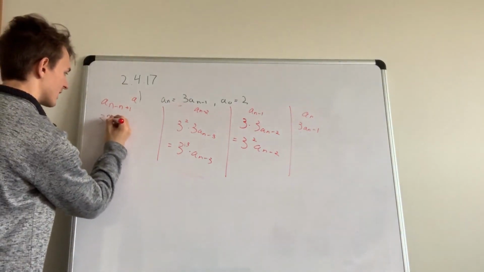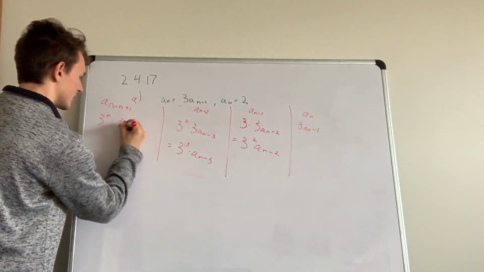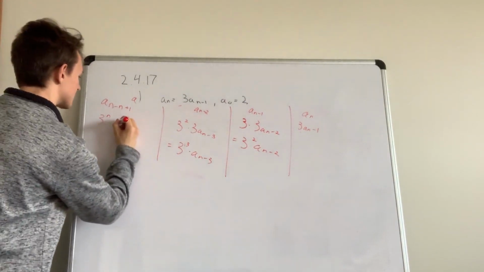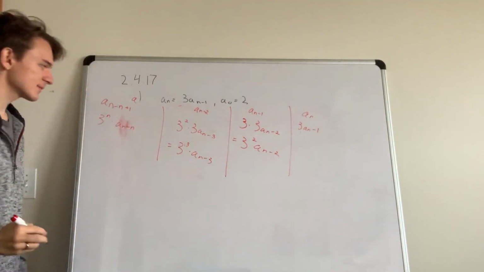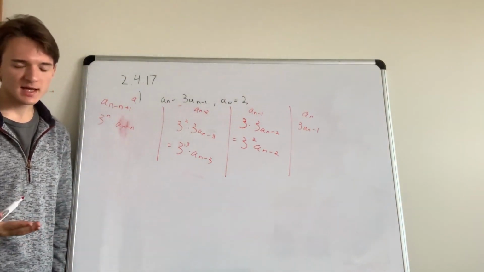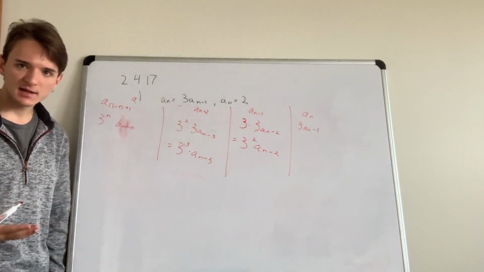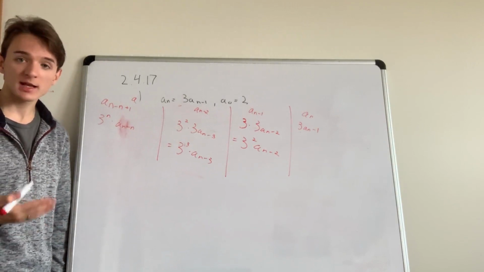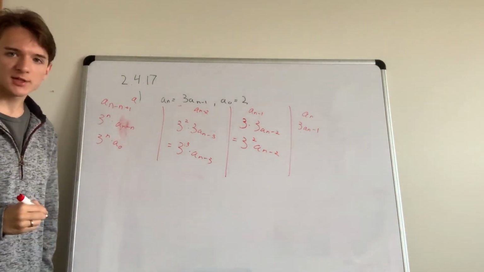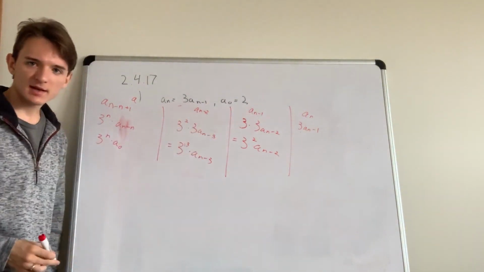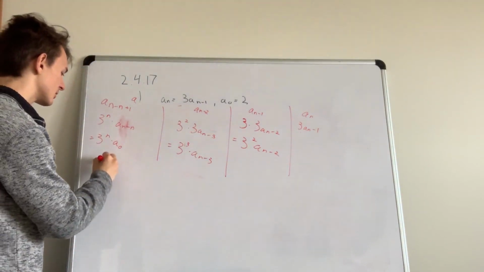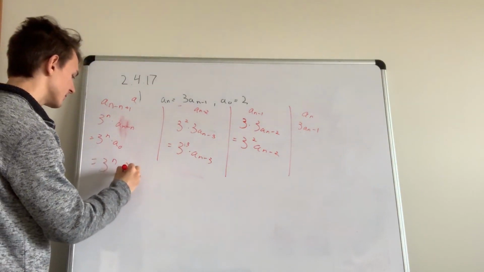That's just 3 to the power of n times a of n minus n, right? And of course, a of n minus n, what is that? Well, a of n minus n is a of 0. And we know what a of 0 is because we've been given it as part of the question. It's our initial condition. So this is just equal to 3 to the power of n times 2.